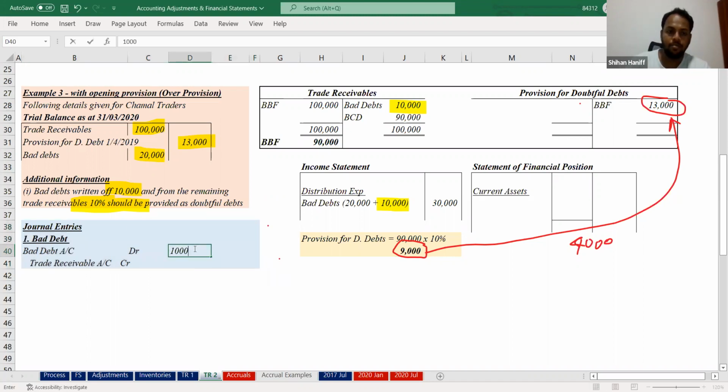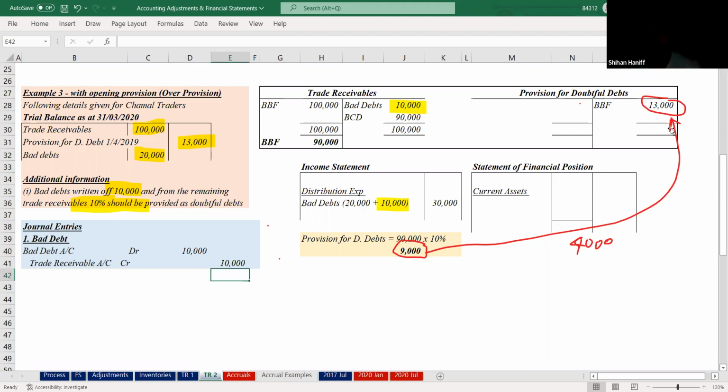This is 10,000. Bad debt, you know the double entry.